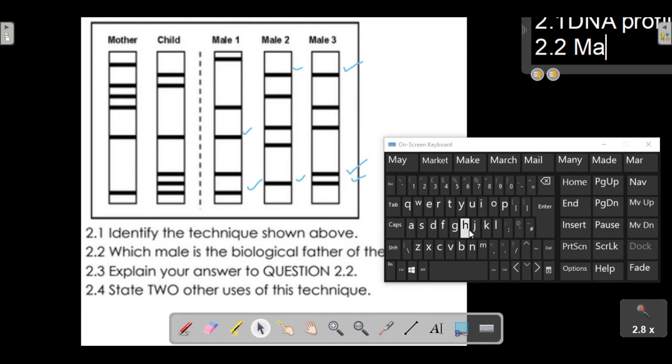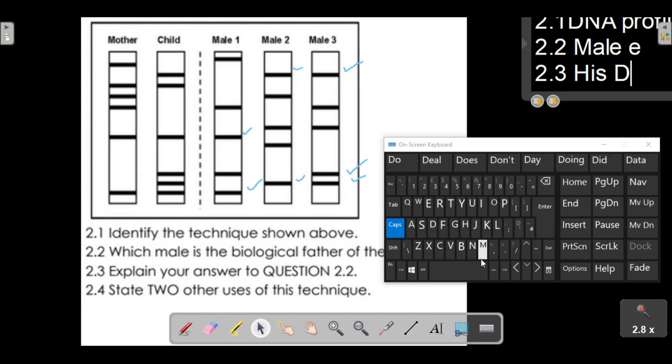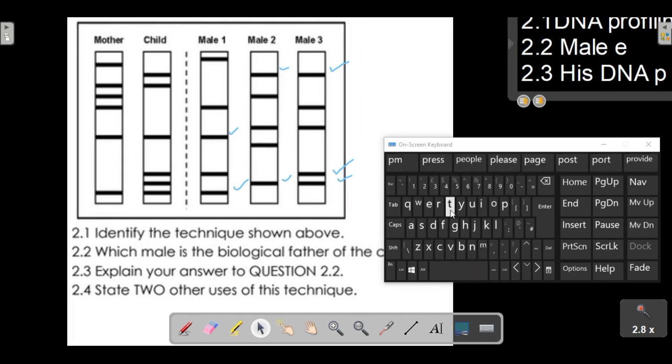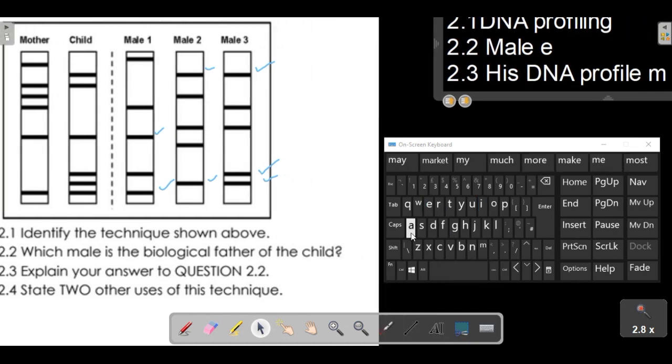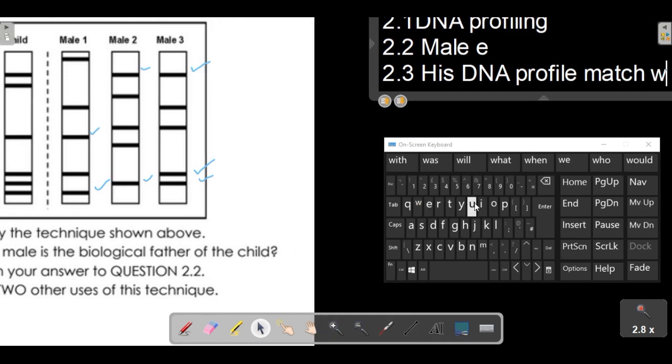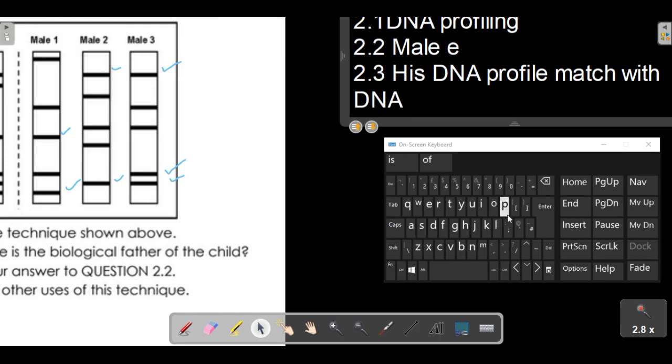So say that it's male 3, and then our answer there, which is 2.3, is his DNA profile, or you can say most bars match with the DNA profile of the child.